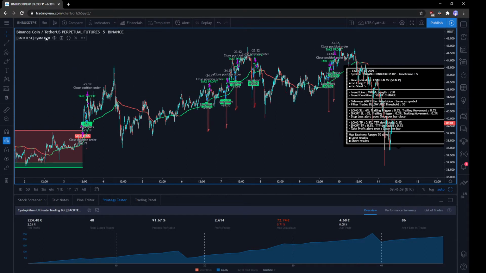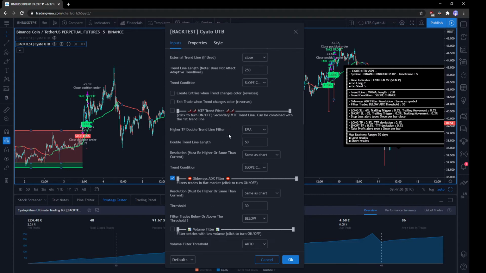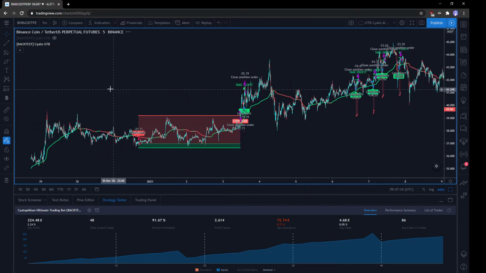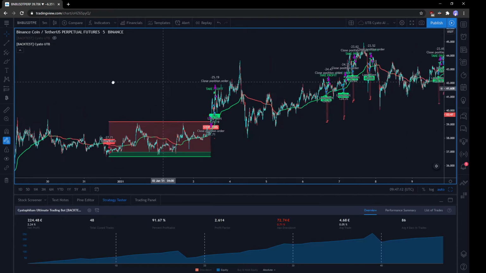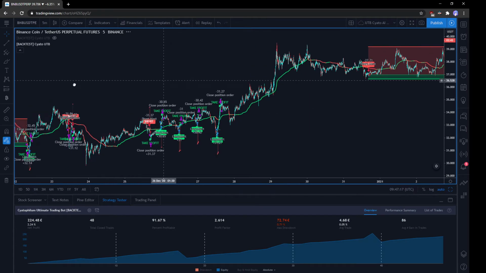If I wanted to create one with safety orders, I will do it like this. I want to change the stop loss. Or perhaps not. Perhaps we don't need to change the stop loss.